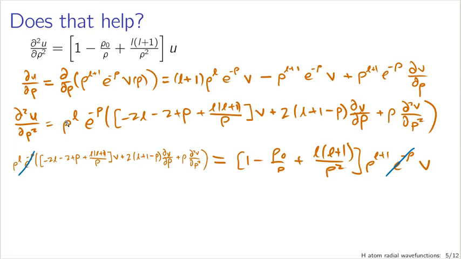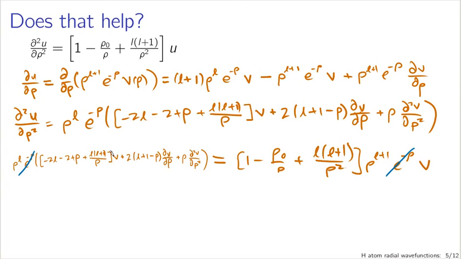Second of all, notice that we have an L plus 1 over rho times rho to the L. Whereas here we have an L plus 1 over rho squared times rho to the L plus 1. Here we have an L plus 1 minus 2 for the total powers of rho that are multiplied by this term. And here we have a rho to the L minus 1.